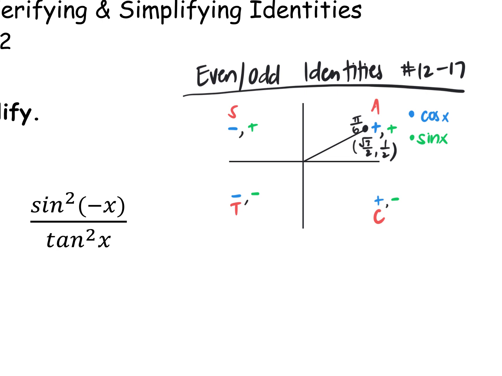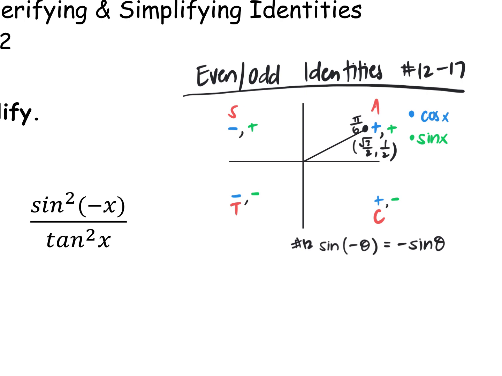So what identity number 12 is saying is that the sine of our negative angle is equal to the negative sine of that angle. That's what identity number 12 says.